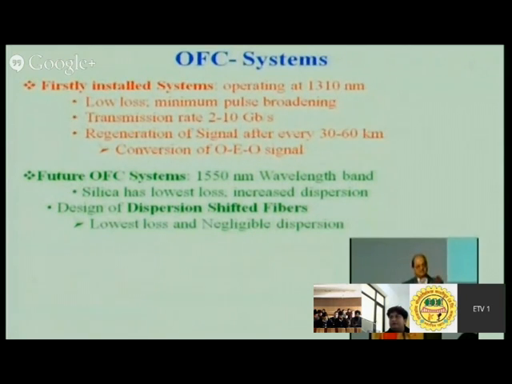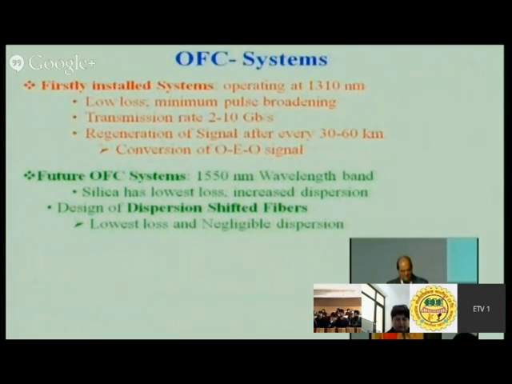Only point is you can shift the dispersion minima from 1310 to 1550. But then you have to play with the configuration of the optical fiber. This fiber may not be similar to your conventional fiber like core and cladding. They may have more cladding, there may be segmented core, and it may be of different type of profile, but they are there.